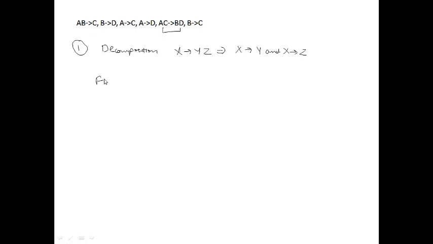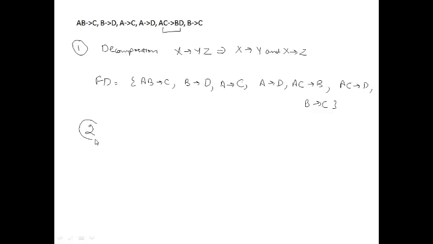So the FD set will be AB determining C, B determining D, A determining C, A determining D, AC determining B, AC determining D, and B determining C.